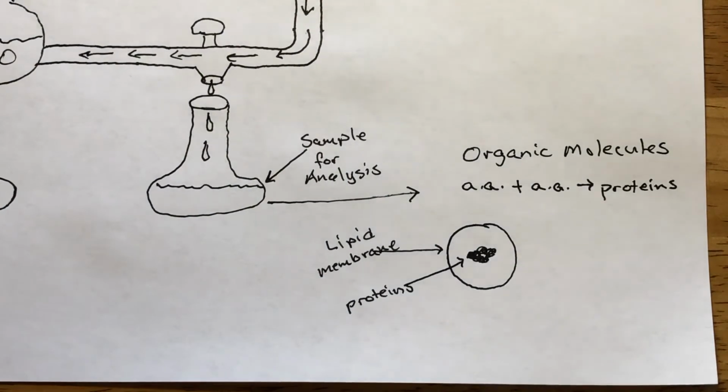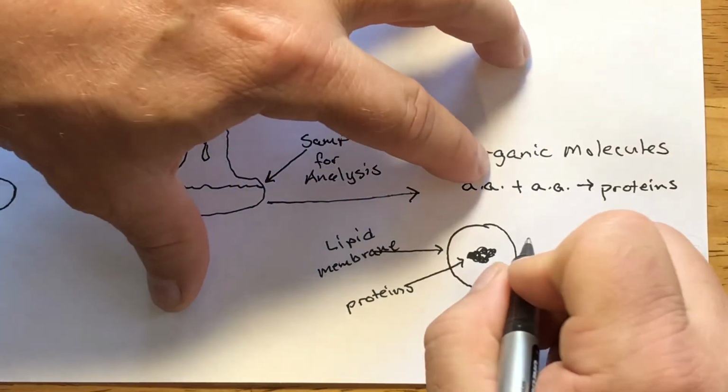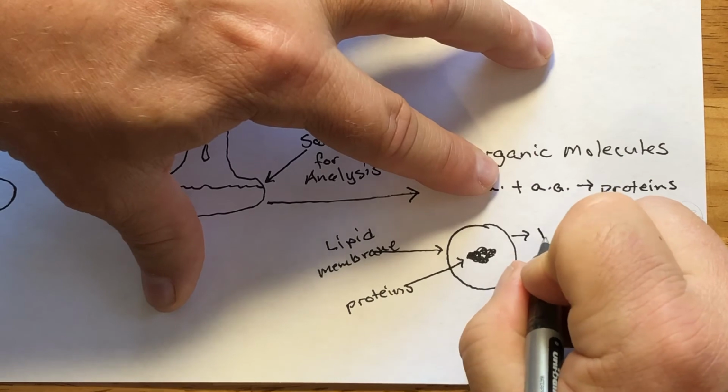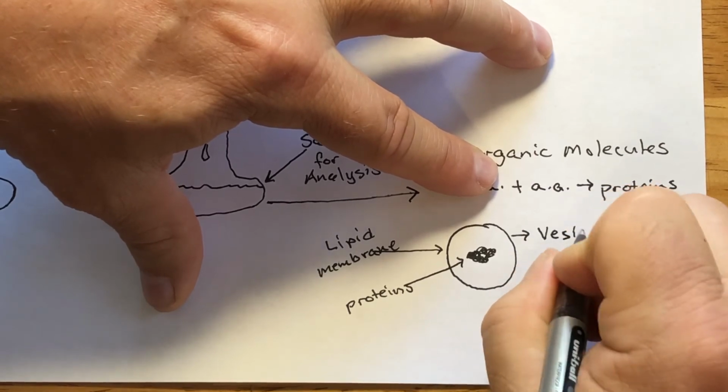Now, Miller's experiment has since been replicated, and they've tweaked it a little bit. And this idea of simple organic molecules, and then macromolecules, and eventually vesicles, which is how your book will describe these membrane-bound proteins.